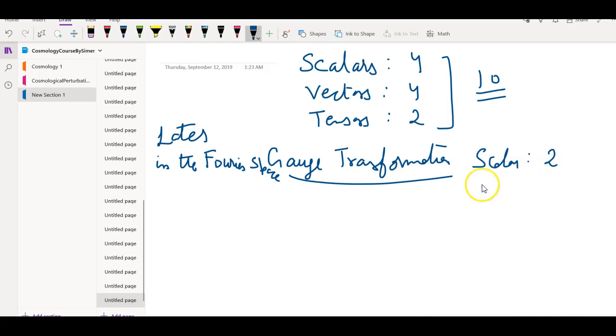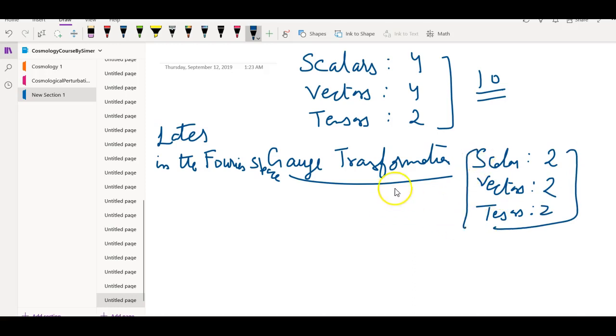So scalars will be reduced to 2. 2 vectors can be set to 0 in the gauge transformation. Vectors will be reduced to 2 and tensors are 2. So there are total 6 independent components, which we will learn when we do gauge transformation in Fourier space.